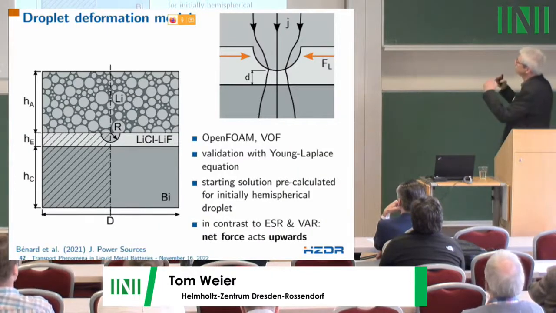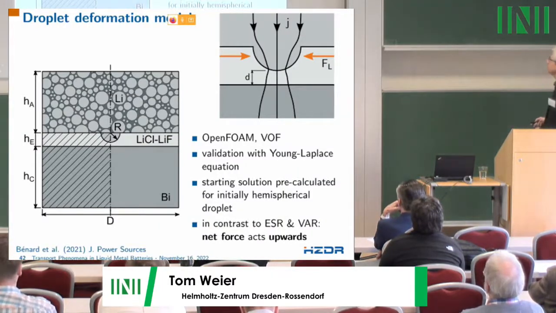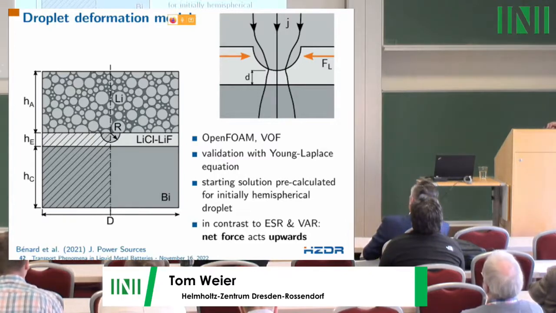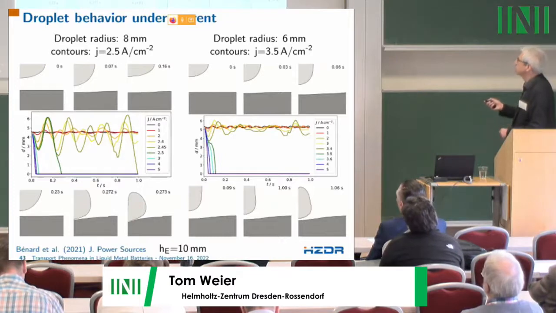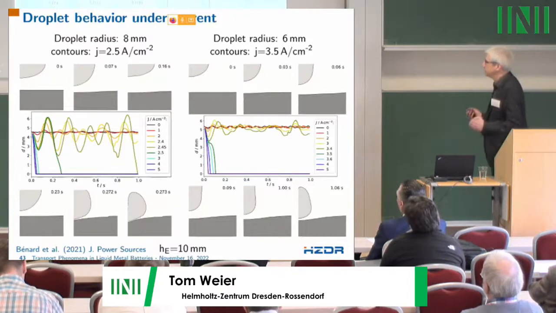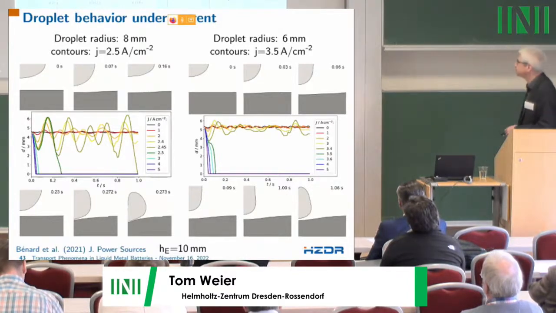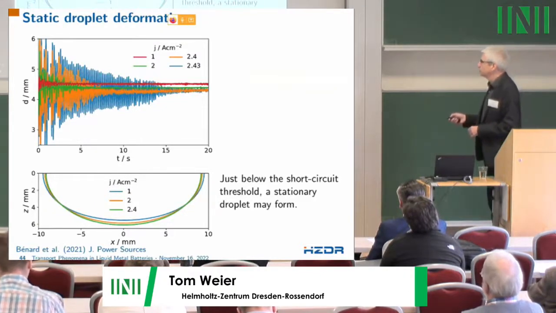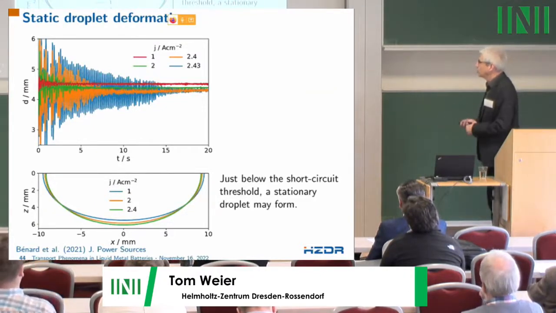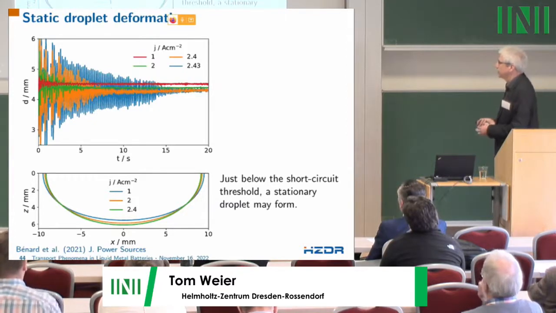So to shear the droplets, you need probably more Lorentz force than you would need in electroslag or vacuum arc remelting. What we found is that for current densities that are possible in liquid metal battery cells, we could find these droplet detachments, but we could also find situations where we have an almost stationary droplet resting on the anode and not moving away.